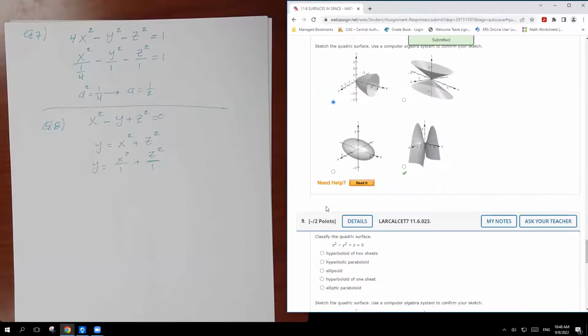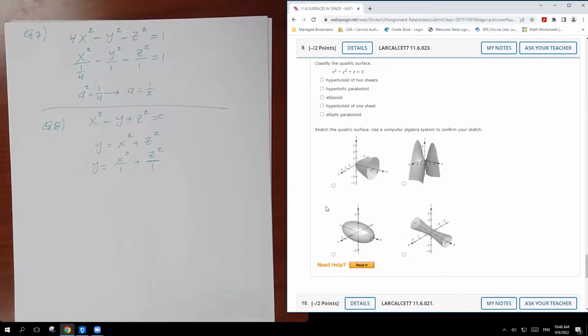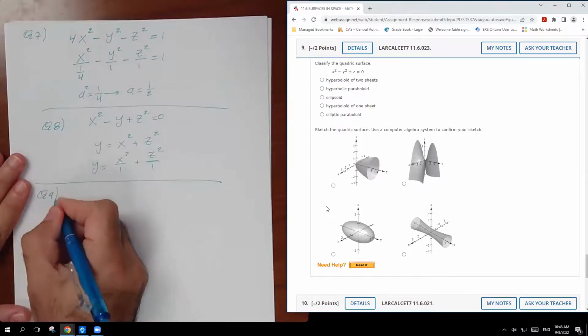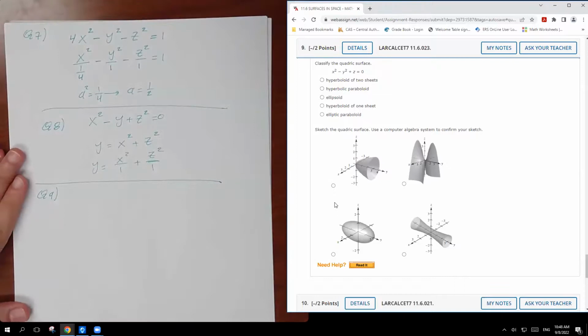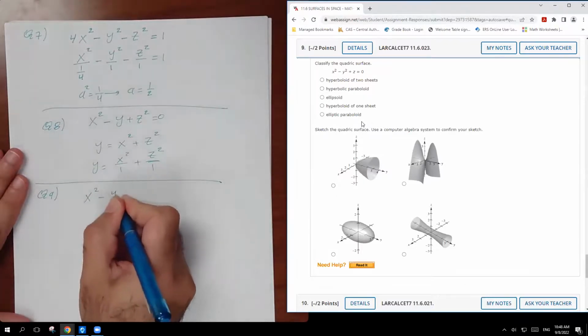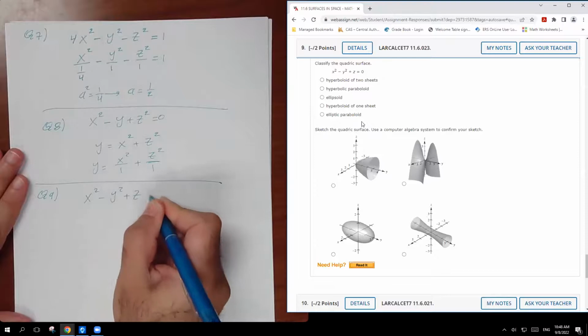Next one, example 9. Example 9, x squared minus y squared plus z equal 0.